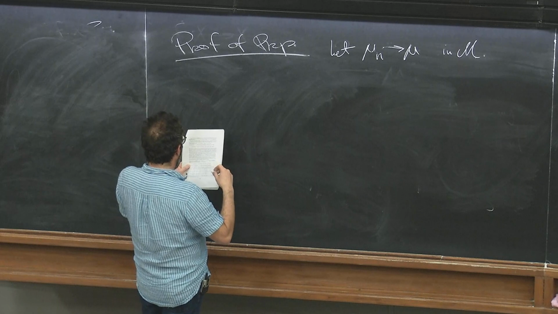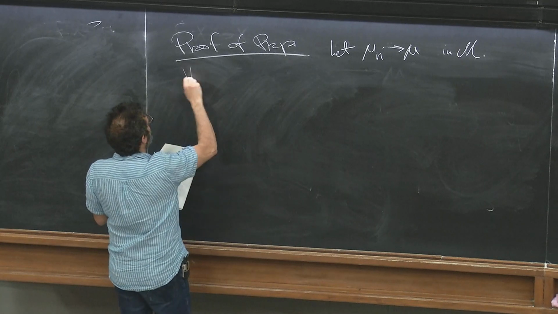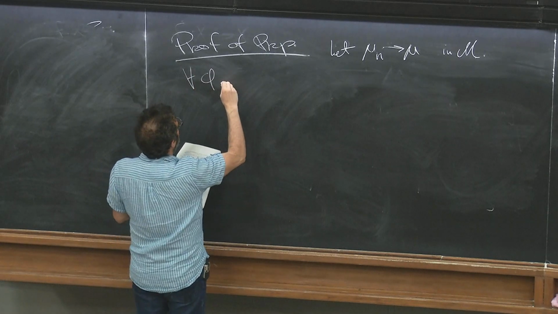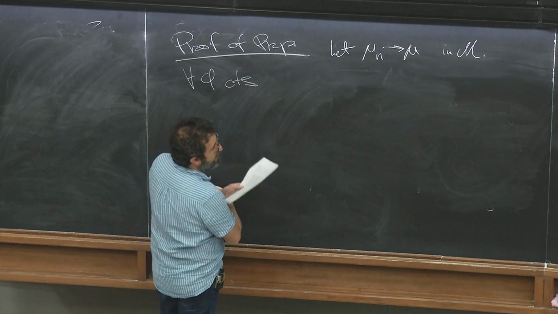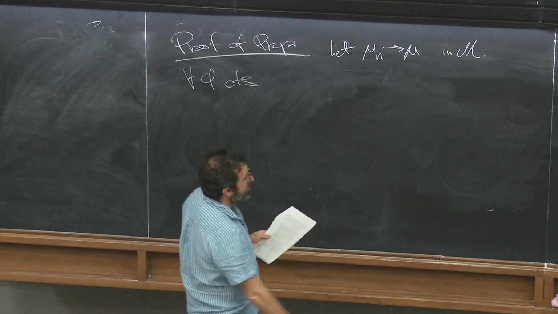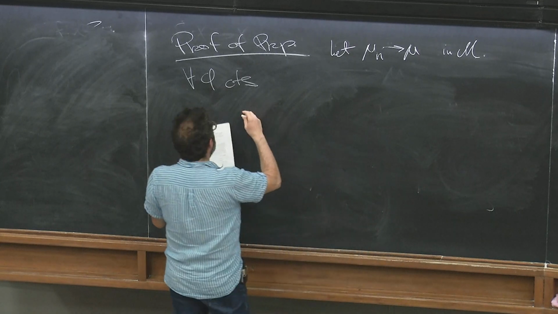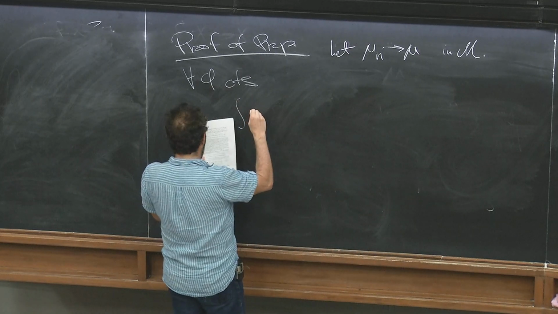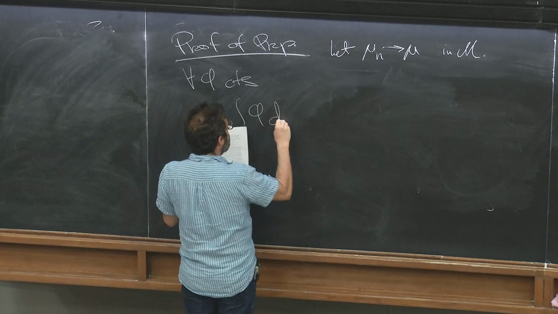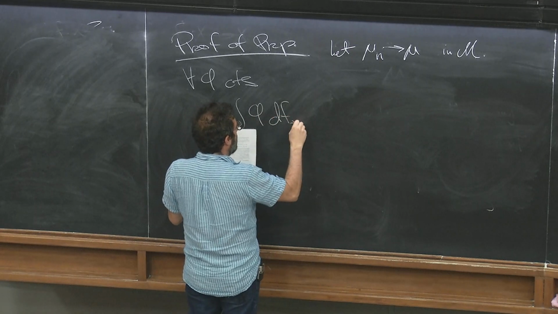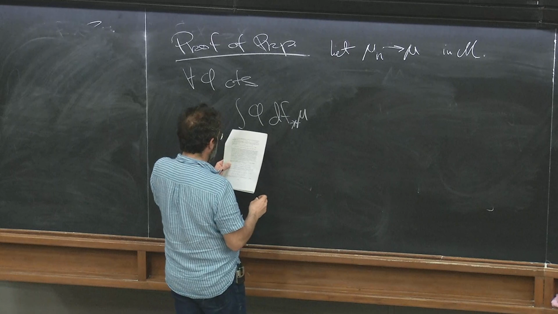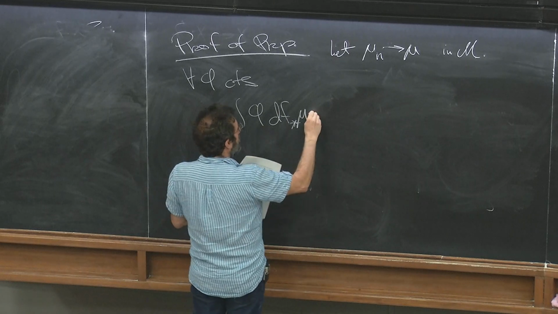Then for all continuous functions phi, we have, so this statement is for all phi in L1, but in particular for all phi continuous, the integral of phi d of f star mu n is equal.